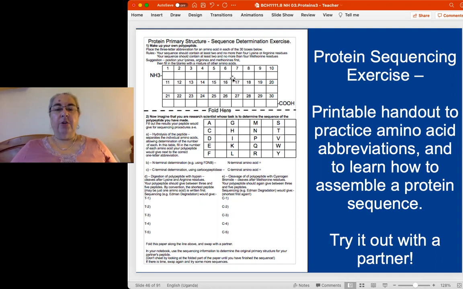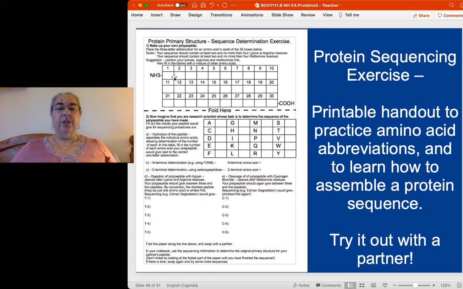Then I want you to look at that amino acid sequence and think about the procedure for sequencing that we talked about. So the first step is to hydrolyze the polypeptide and find out how many of each amino acid there are. So here is a table, but I'd like you to fill in the information from the polypeptide you've made up.